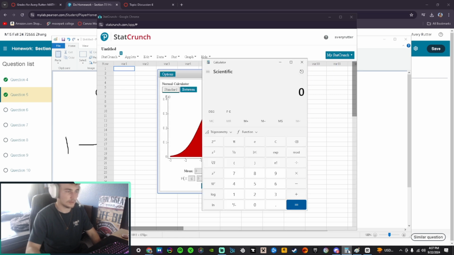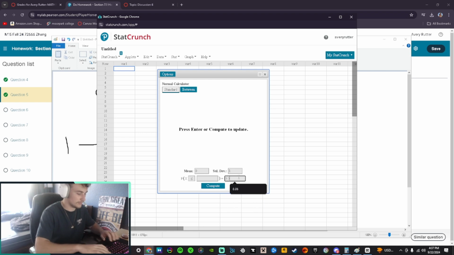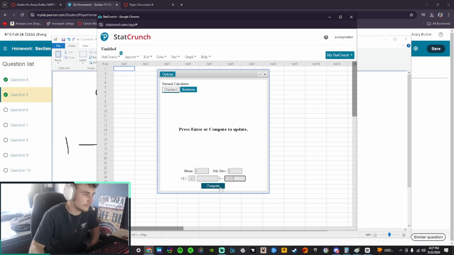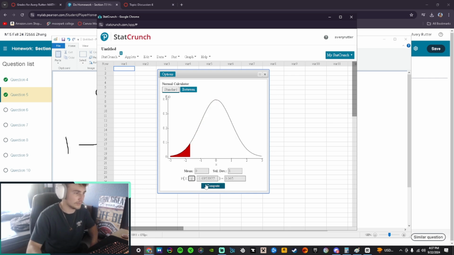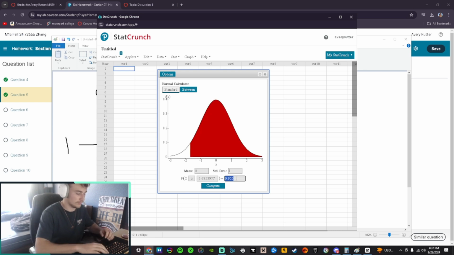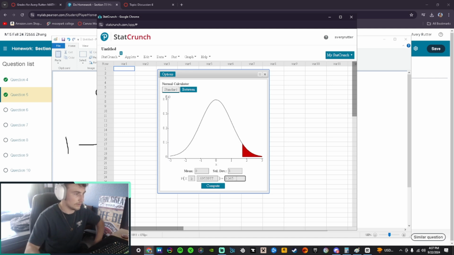And what was the answer again? It was 0.045. And you see when I had it set this way as well, it gave me a negative. So make sure you're calculating it for the right value here. So we want it positive in this case to get the top end of it.